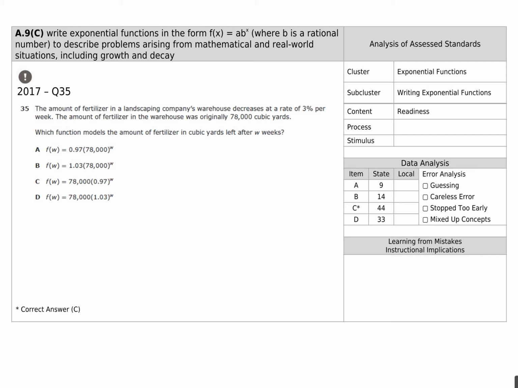All right, here we come to one where we have a decrease, a decay, and it's a rate of 3%. So here's going to be the hardest type of question. It's decaying, and it gives us a percentage. We have the starting value. So y is equal to 78000. That's the easy part. And now this decay percentage, first of all, we turn it into a decimal, move the decimal point over twice, 0.03. Now, we don't just put 0.03 in there.